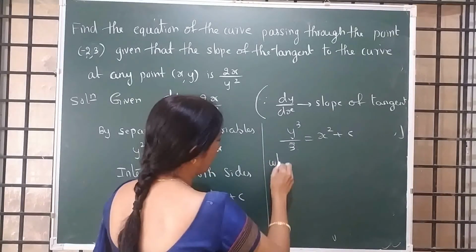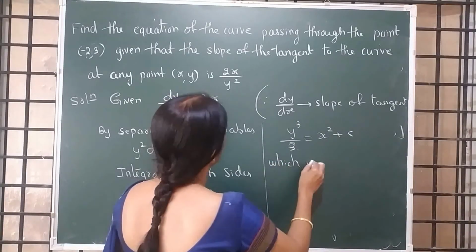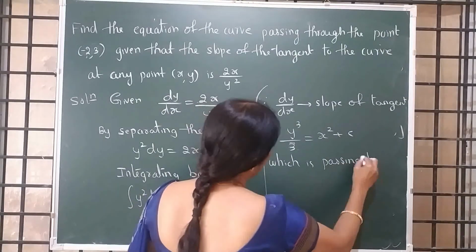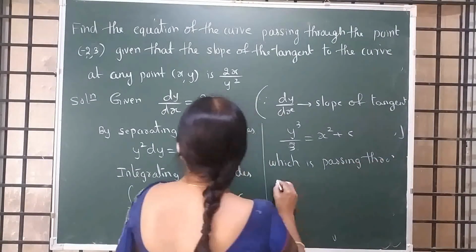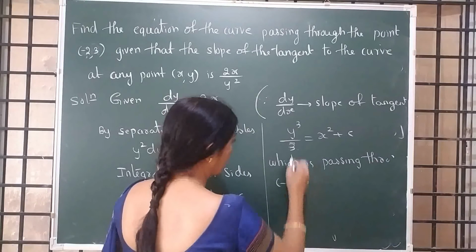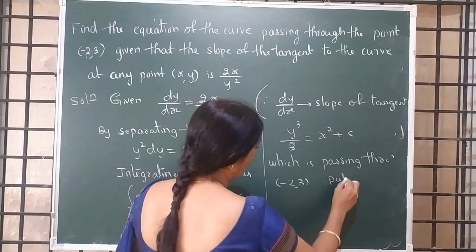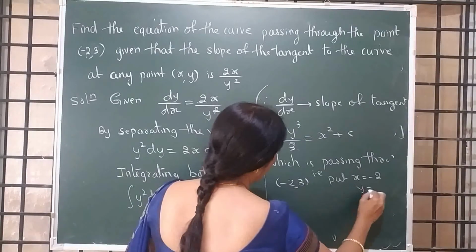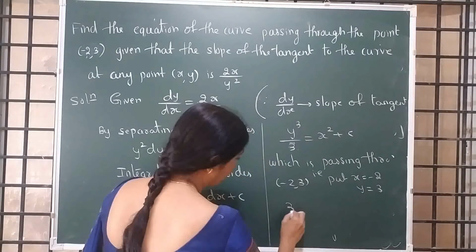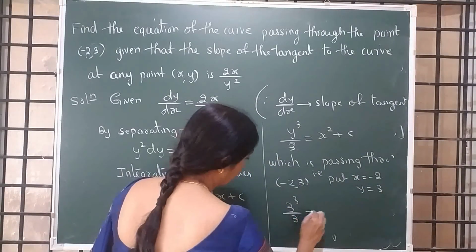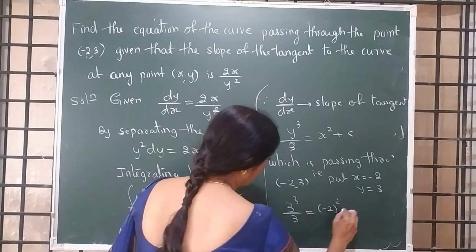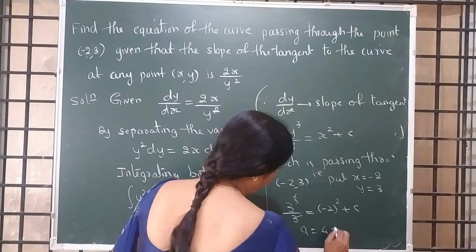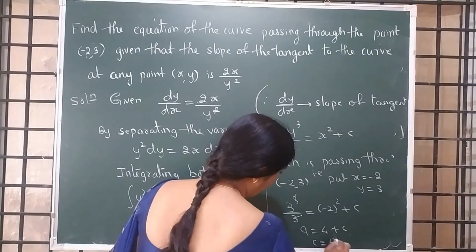Which is passing through minus 2 comma 3. That means put x is equal to minus 2, y is equal to 3. 9 is equal to 4 plus c, so c is equal to 5.